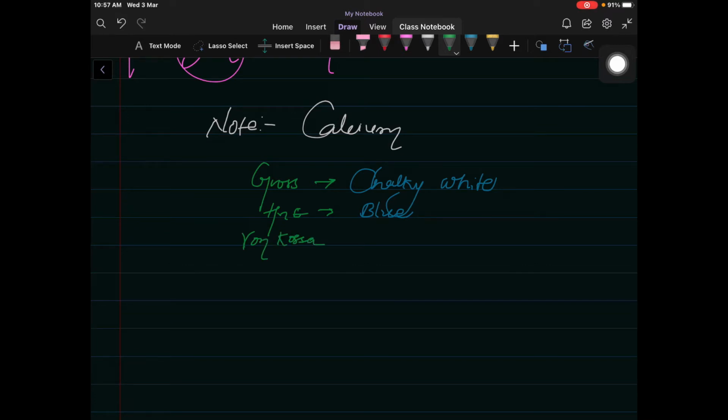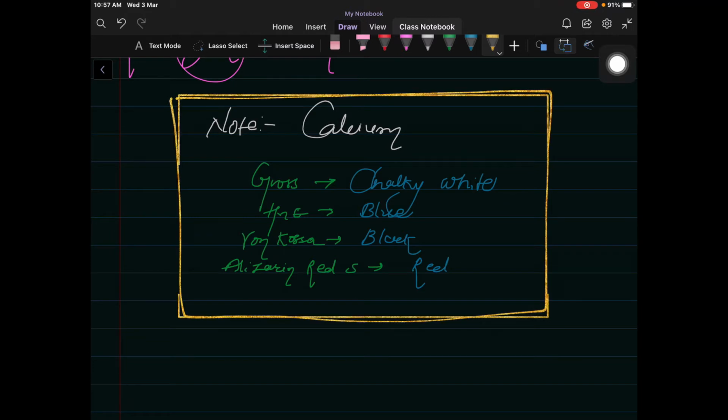When it is stained with von Kossa, it gives a black appearance. And the last one, when it is stained with alizarin red S, it gives a red appearance. So this is the main important note on calcium deposition. Remember this point.